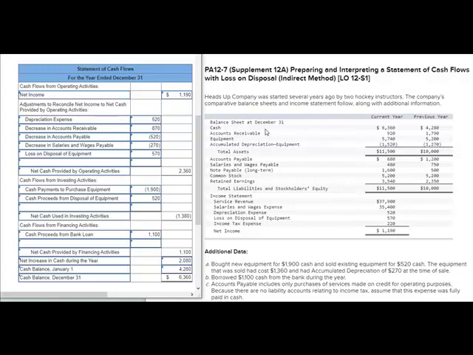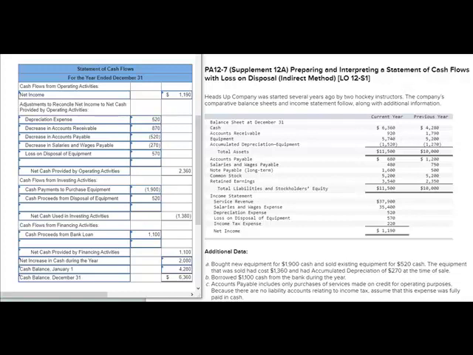Then what we're going to do is go to the balance sheet, these comparative balance sheets, and we're going to look at the non-cash current assets, the changes from last year to this year. And we only have one non-cash current asset, accounts receivable. And you'll see that the balance decreased by $870.